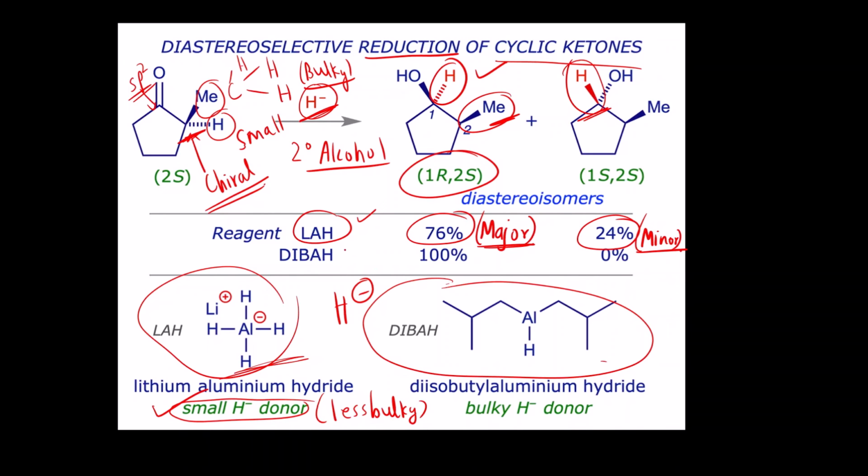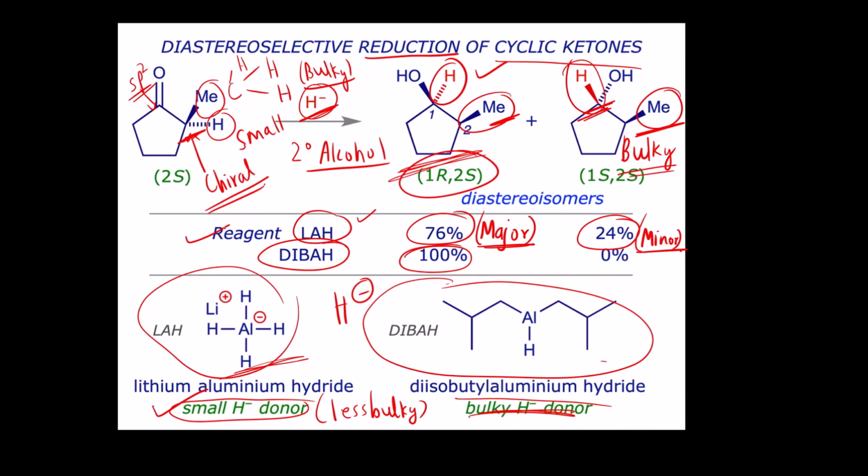But what will happen when we use DIBAL-H or diisobutyl aluminum hydride? It is a bulky hydride donor, so only one product is formed, 100%. This one product is formed because since this is a bulky reagent, it cannot attack from the top because of the already present bulky methyl group. This will cause a lot of steric hindrance.